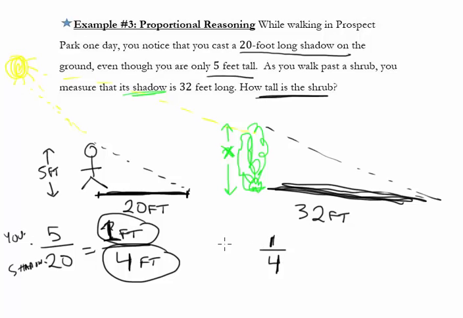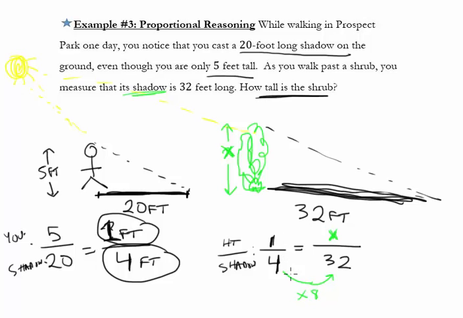Then we can go back and say, we have our ratio of 1 to 4, height to shadow, and now we have a 32-foot shadow. So how high is this thing? We can cross-multiply if we wanted to, but we can also just think about it this way. If I have 4 here, how many times bigger am I making my 4-foot shadow to get to 32? 8 times bigger.